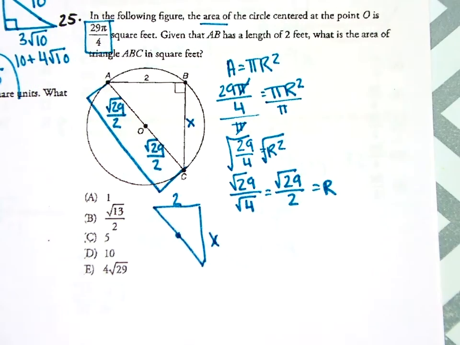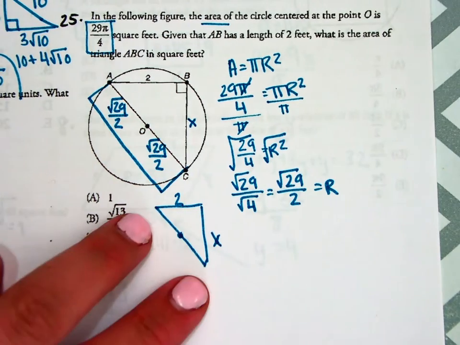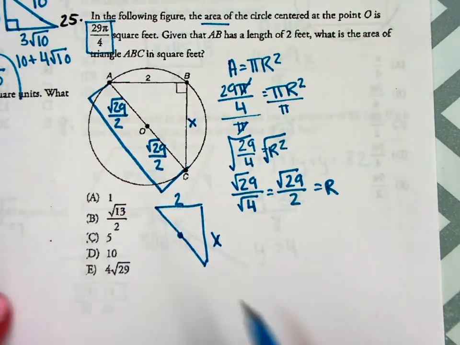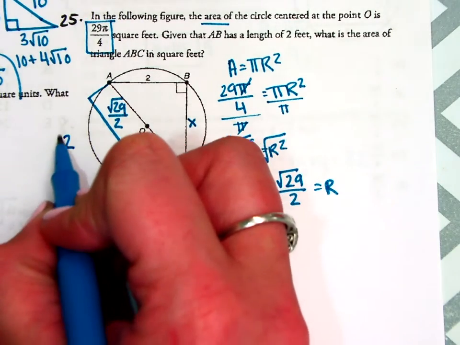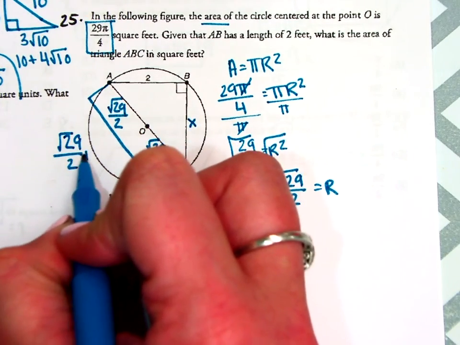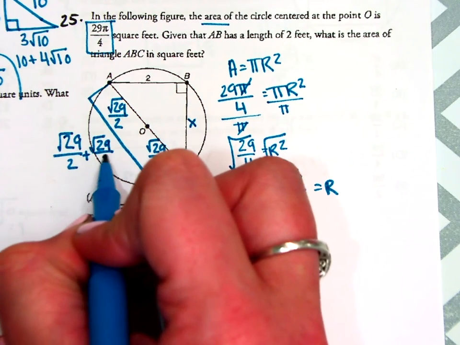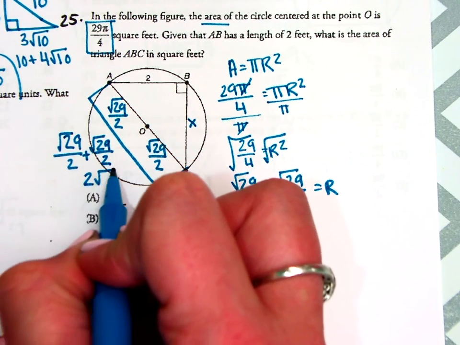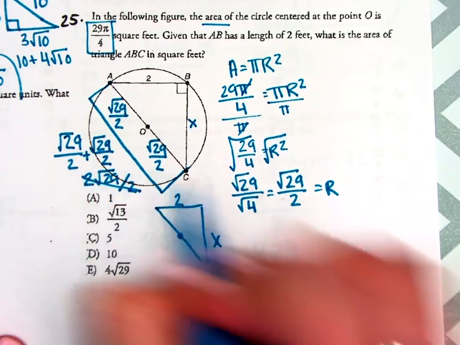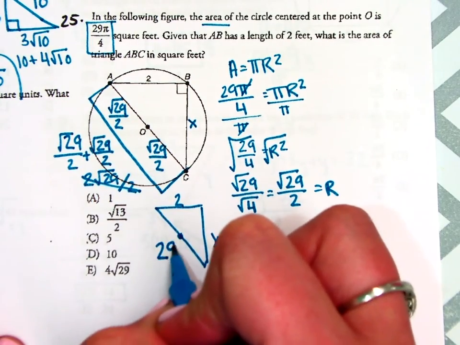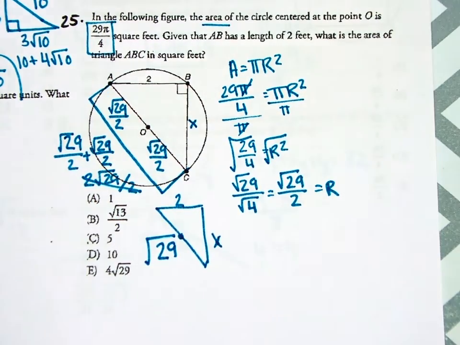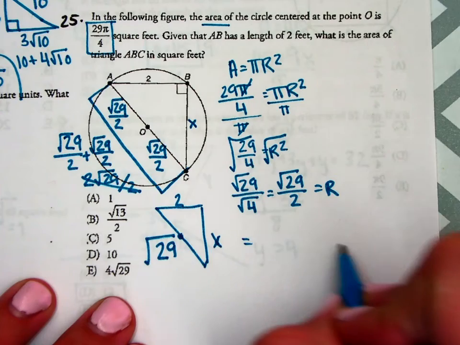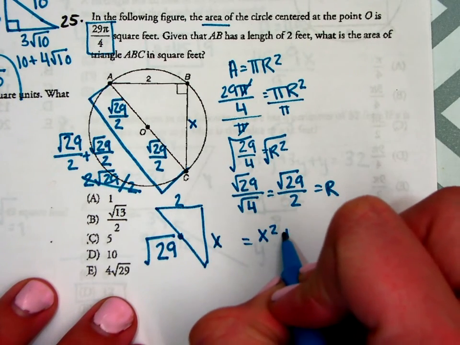I need both of those to find the hypotenuse. So the square root of 29 over 2 plus the square root of 29 over 2 is 2 square roots of 29 over 2. The 2s cancel, giving me a hypotenuse of the square root of 29. Now I can do Pythagorean theorem. So again, I know that this problem is very tedious.